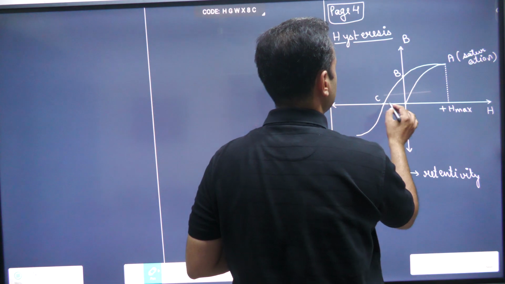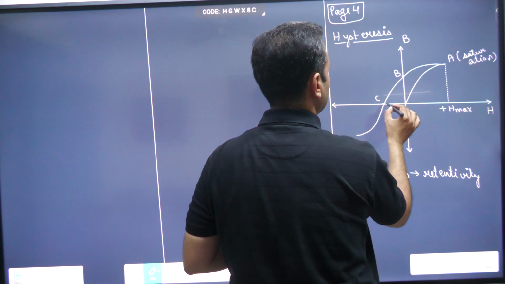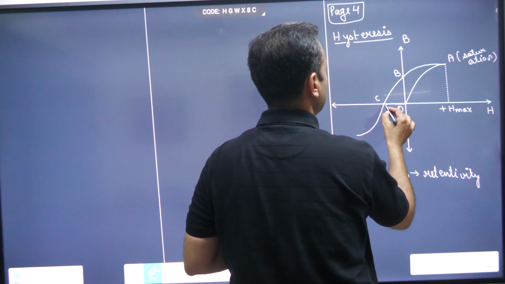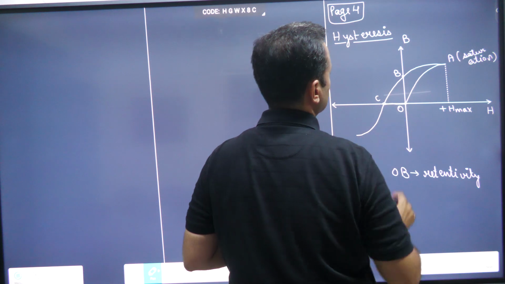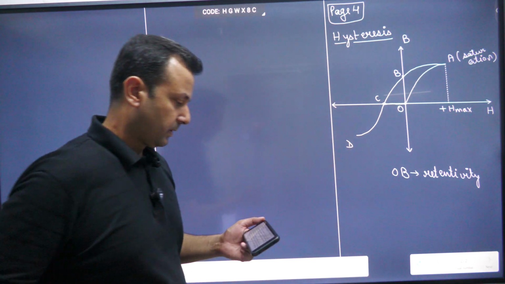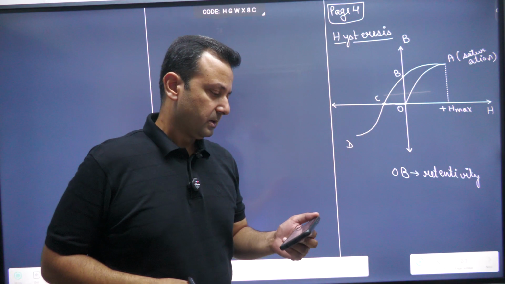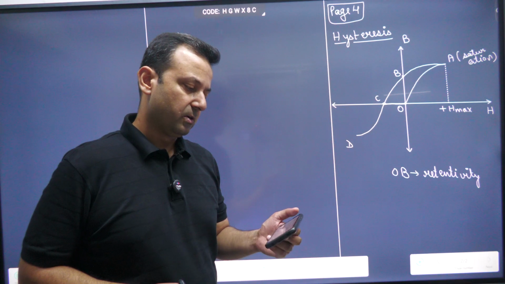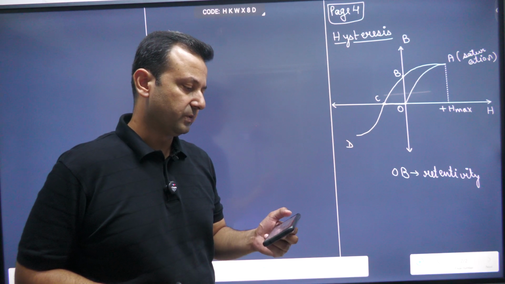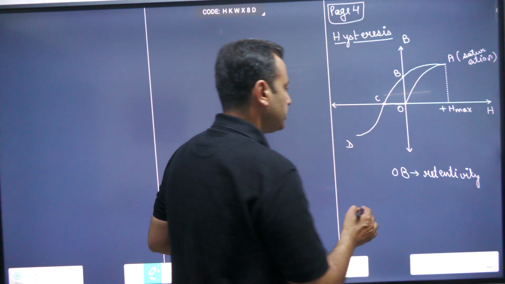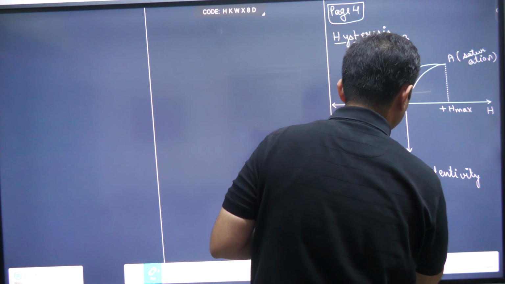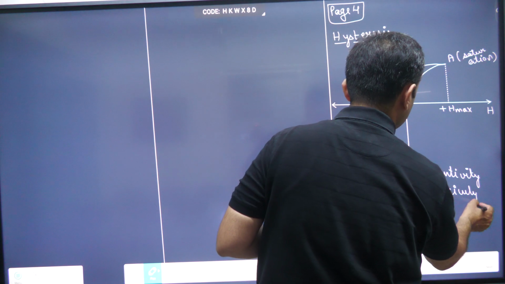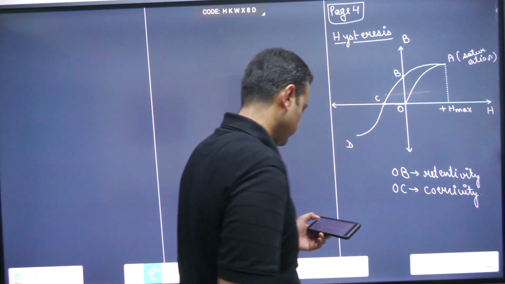The reverse magnetizing field intensity H required for the residual magnetism of a sample to become zero is called the coercivity of the sample. This one, OC, is called the coercivity of the sample.